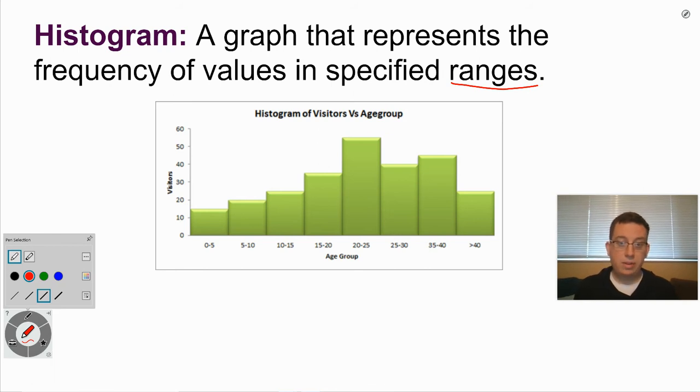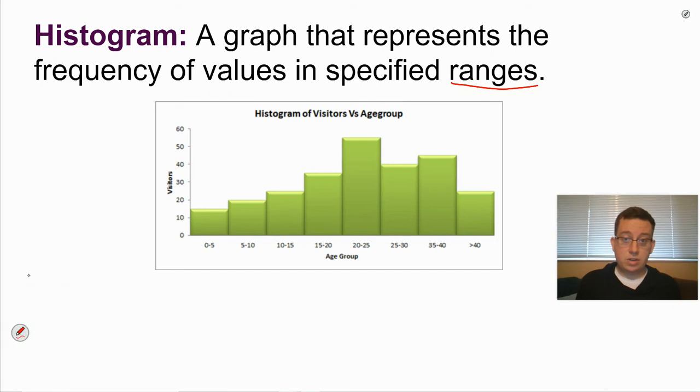So for example, here I have a histogram and I'm looking at visitors versus age group. And I can see down here on the bottom, I've got ranges of ages. And I can kind of see who was visiting this particular, I thought we said it was a museum, but who was visiting this particular museum.